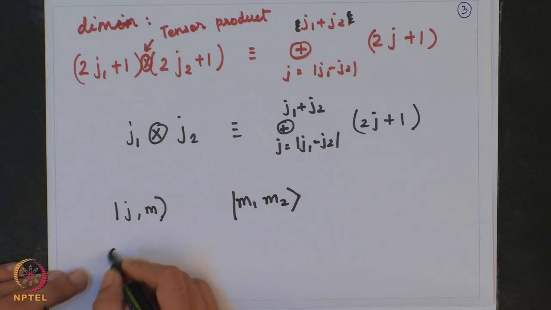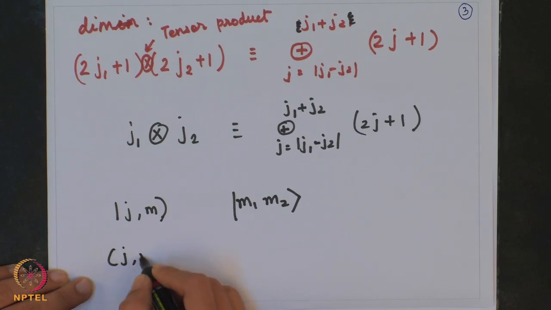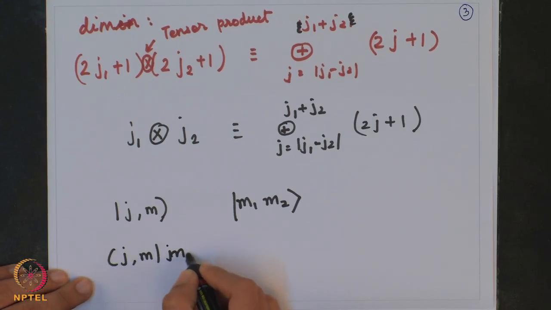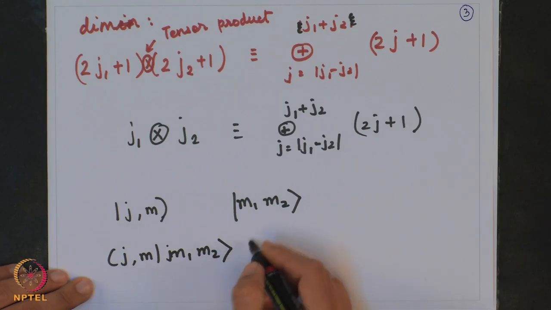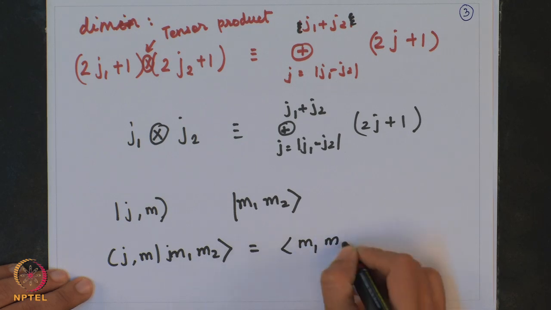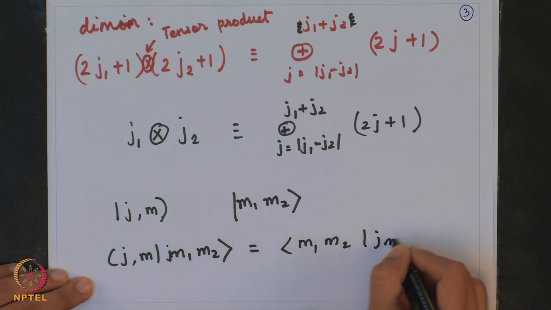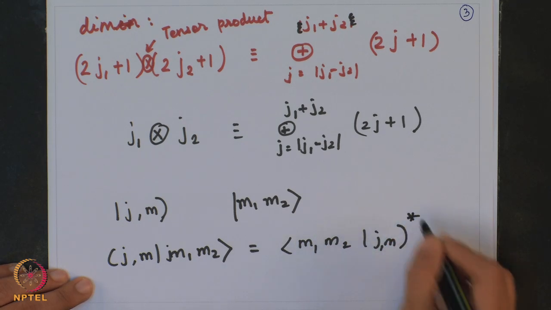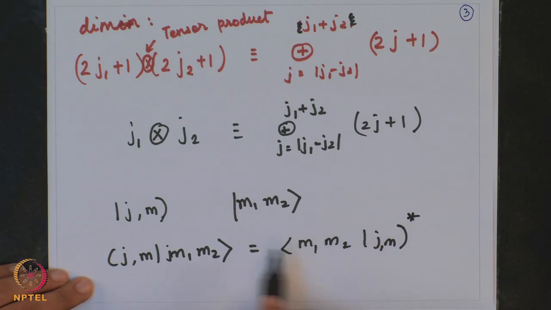So, when I write J M with M1 M2, and if I take the reverse of this, that is I do it the other way, this will be nothing but the complex conjugate of this. But if your coefficients are real, there will be no change. So, they are equal, the complex conjugate as well as the number you obtain is the same.